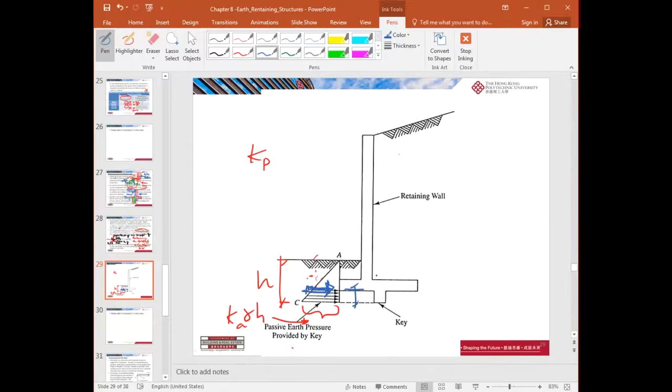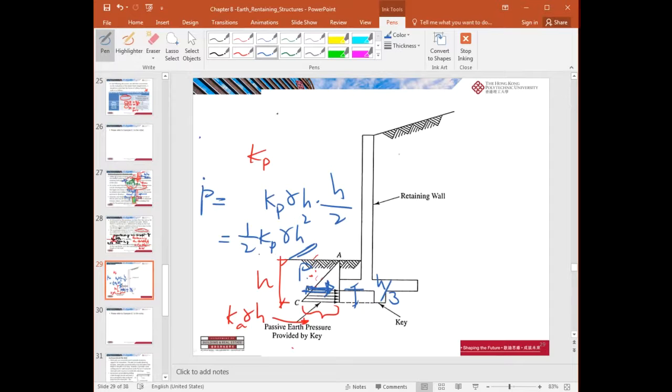And its position should be h over 3, right? And what's that force? P equals what? Kp gamma h times h over 2, so Kp gamma h squared. So that is the total force, this big resultant force, the passive resistance given by this depth of soil, h.